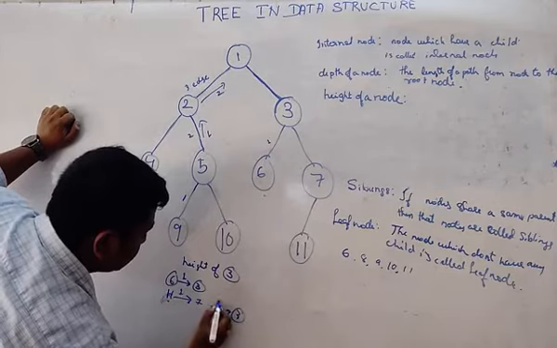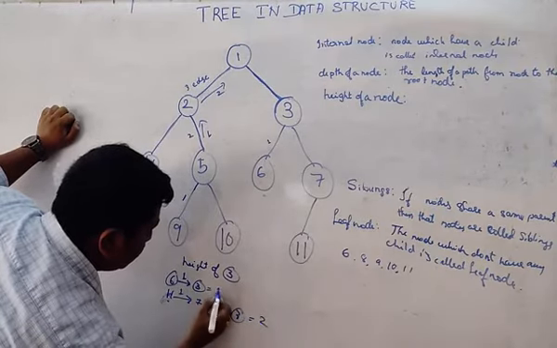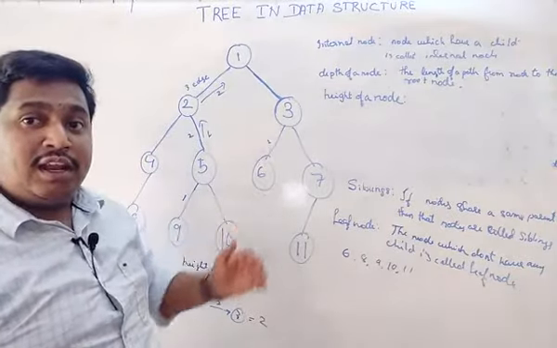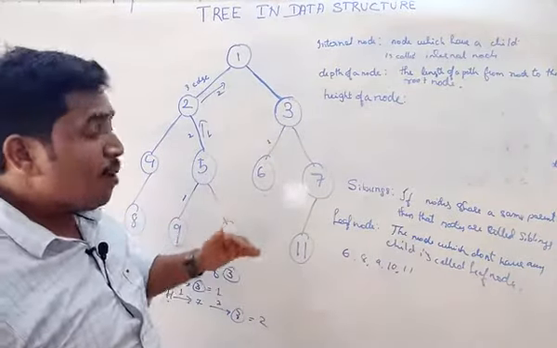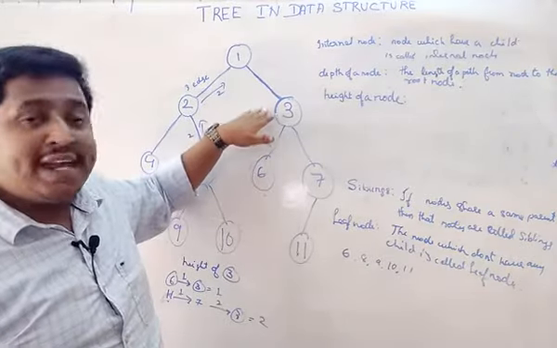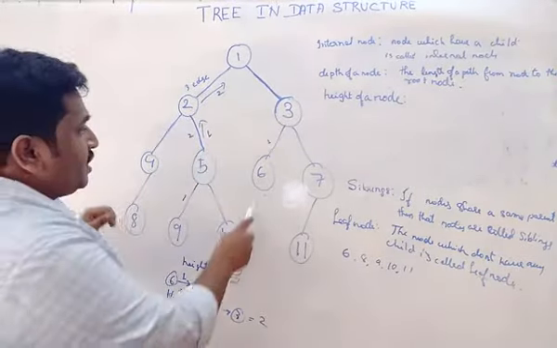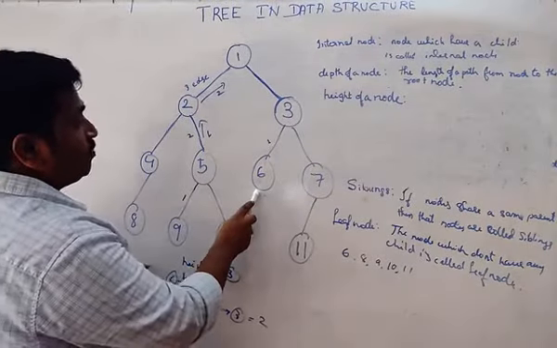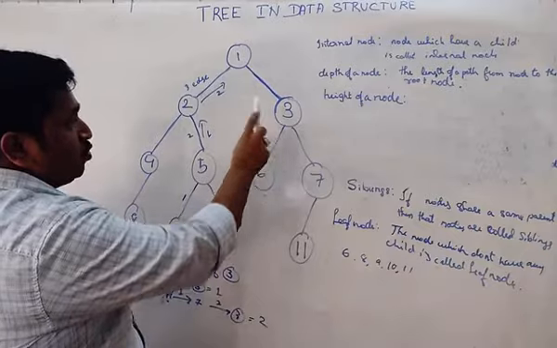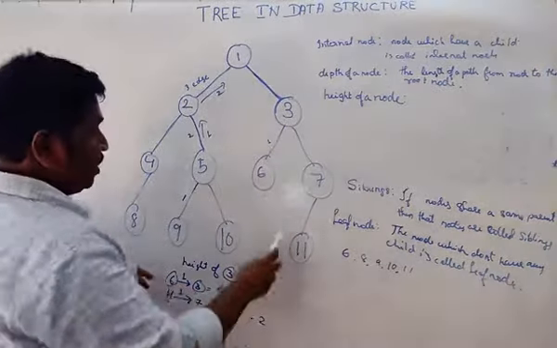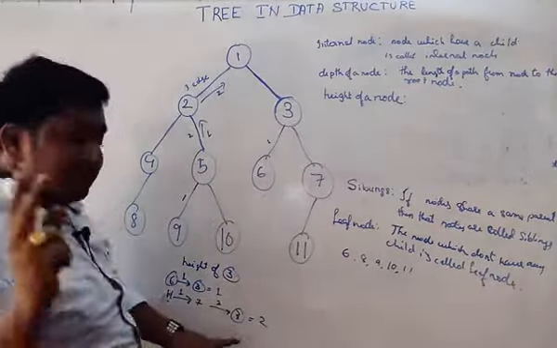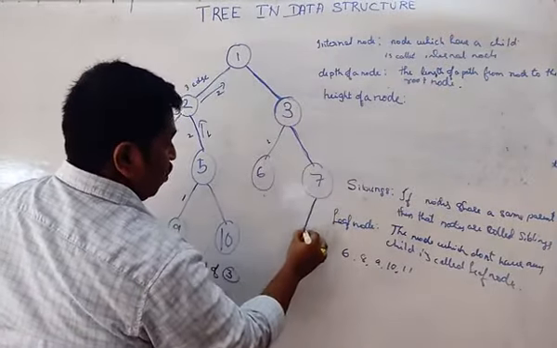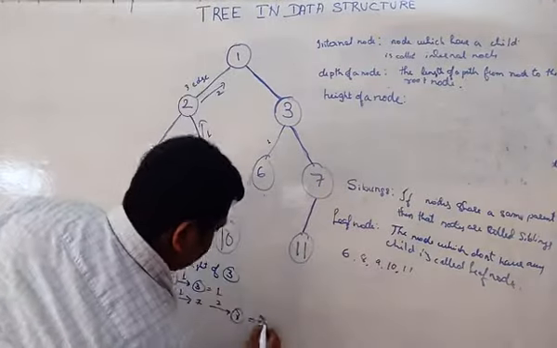So the length of that path is 2. According to our definition, the height of a node is the longest path from a leaf node to that node. Here 6 is a leaf node, 11 is also a leaf node. From 6 to 3, the length of the path is 1. From 11 to 3, the length of the path is 2. So which is the longest path? This is our longest path, so the height is considered as 2.